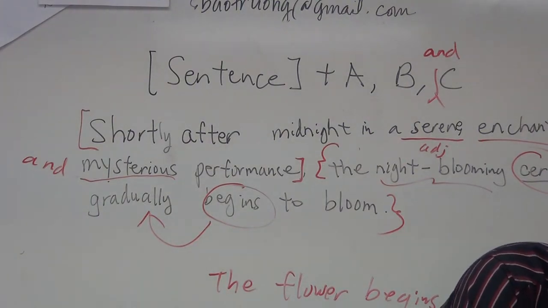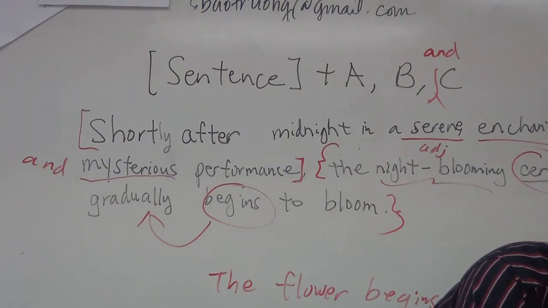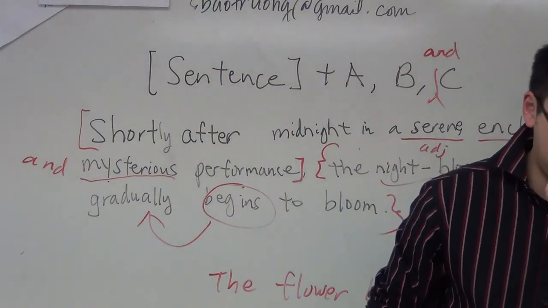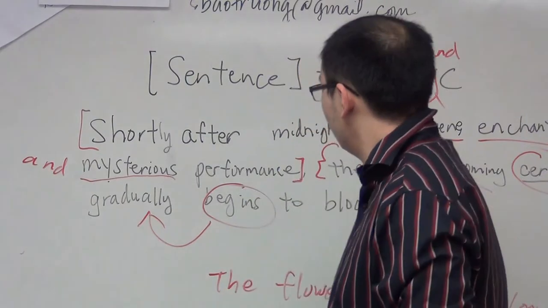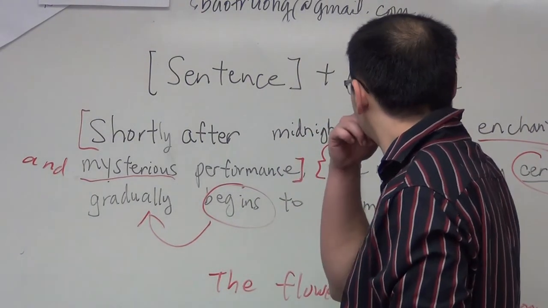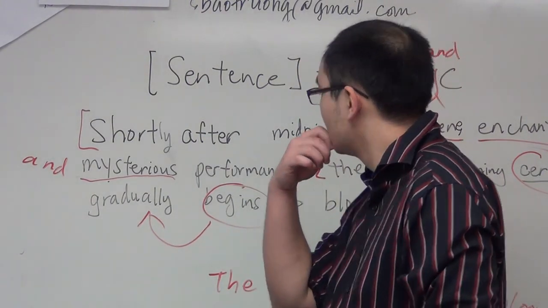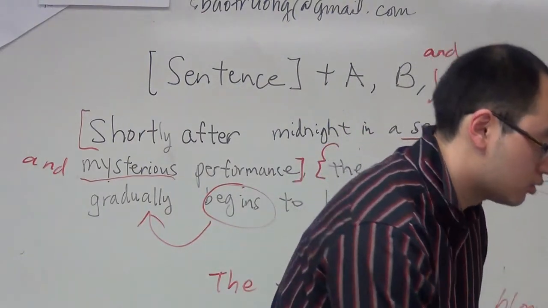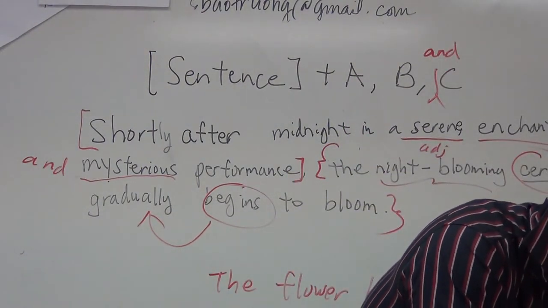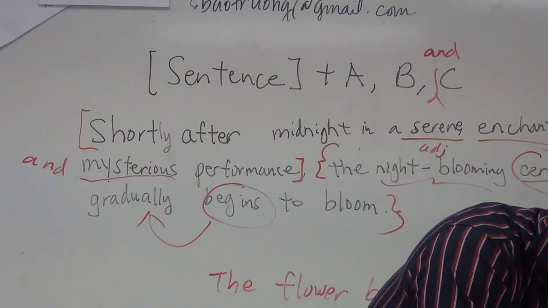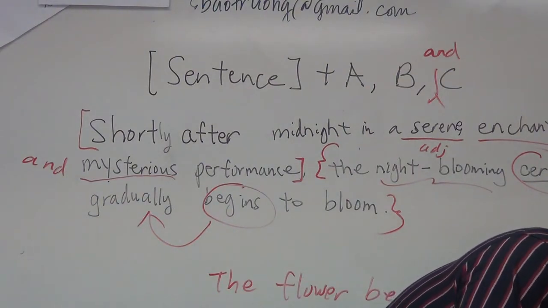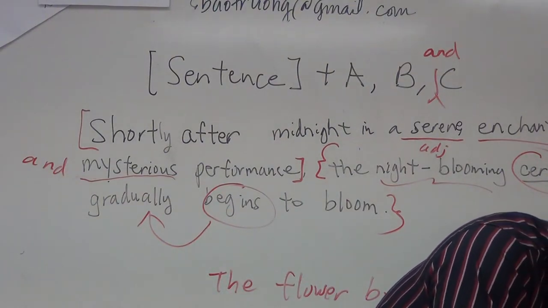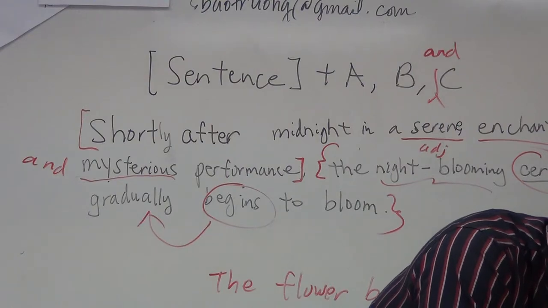We need an and here. The ABC structure is only for adjectives. Sometimes for adjectives you have to add an and; for verbs you want to add it to distinguish the three of them.